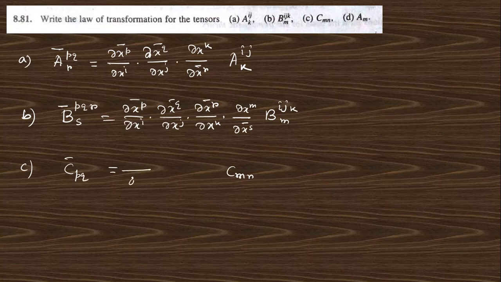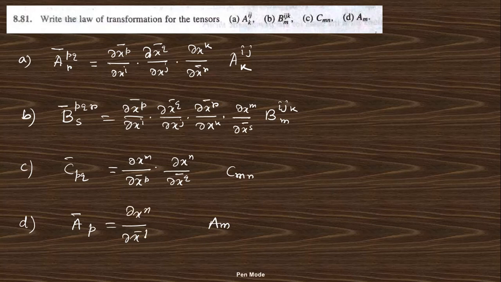So this is the lower side, so this will be x p and this will be x m, this will be x q bar, and this will be x n. Clear? Next A m bar equals, this m will be changed to p, so this will be x p bar and this will be x m.